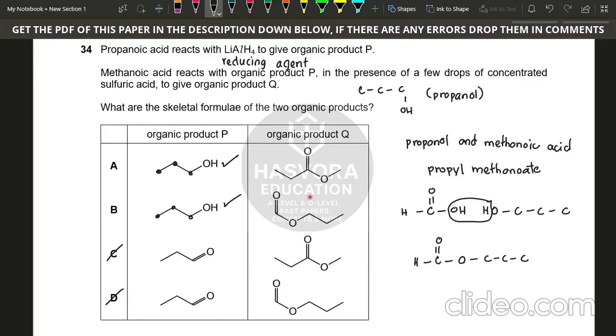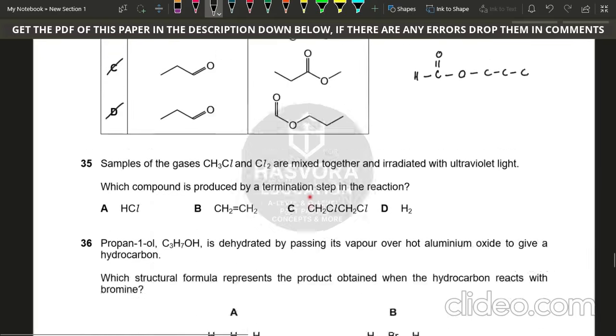It should have a one carbon acid, and then a 1 2 3 carbon alcohol side chain. So B seems correct, because in the first one we have a 3 carbon acid and 1 carbon alcohol. They have just reversed that in the first one, so B will be your correct answer.